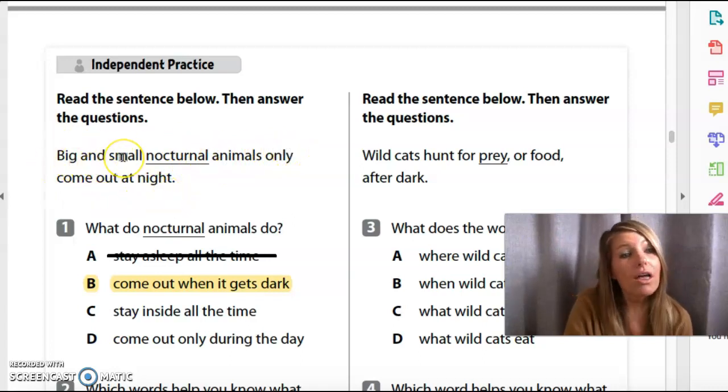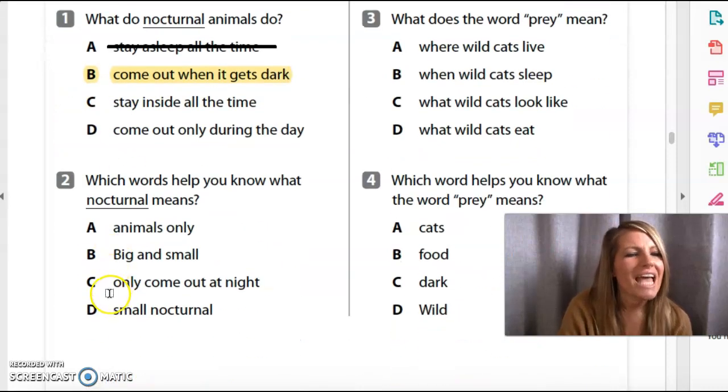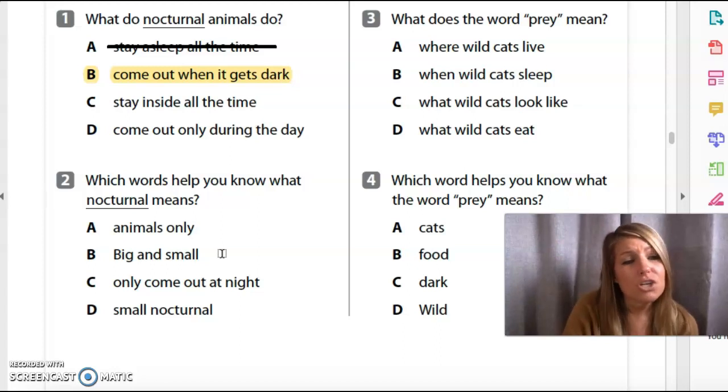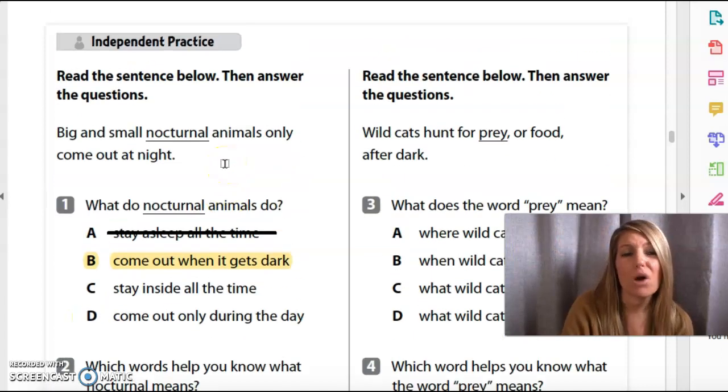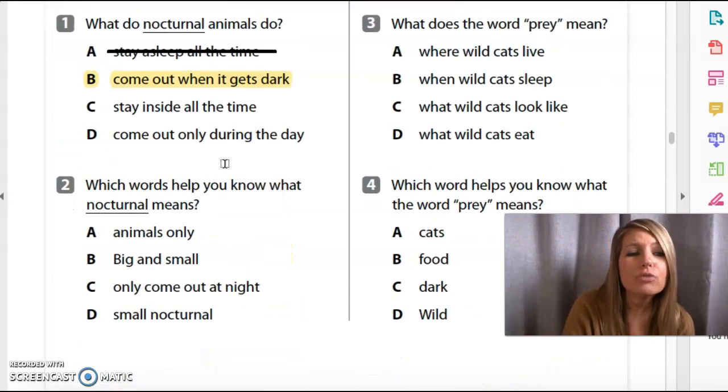Did big and small help us figure out what nocturnal means? No. Only come out at night. Did that help us figure out what nocturnal means? Or D, small nocturnal. Does small nocturnal help us? You should have said only come out at night.